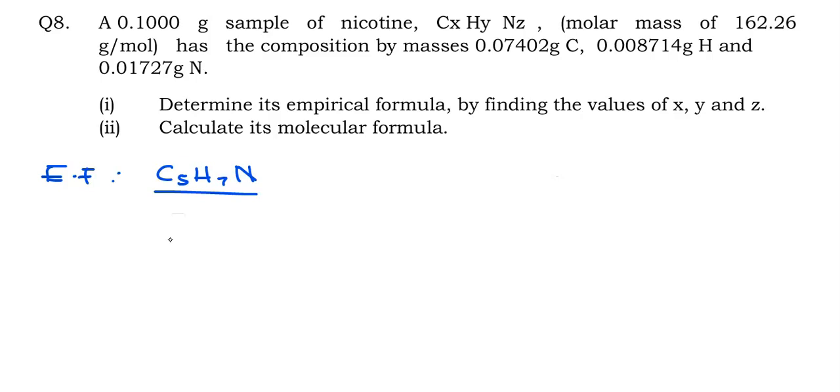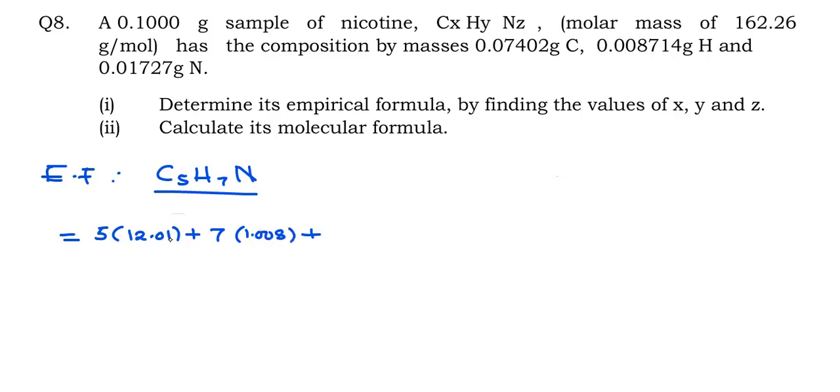To find the molar mass, we are going to add all the atomic what? The atomic masses. So for carbon we have 12.01 now times 5, since we have 5 here. So 5 multiplied by 12.01 plus hydrogen, we have 7 there, multiplied by 1.08.